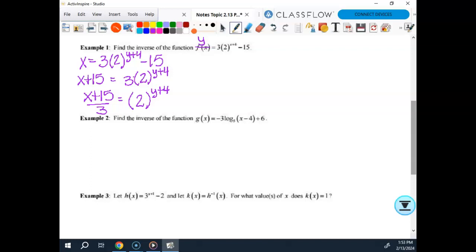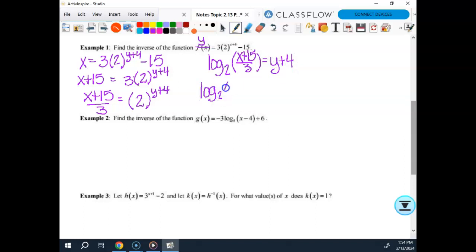All right, so now that it's isolated, I can rewrite it in log form. So log base what? The base of the log. Log base 2 of x plus 15 over 3 equals y plus 4. And then I've got one more thing to move.